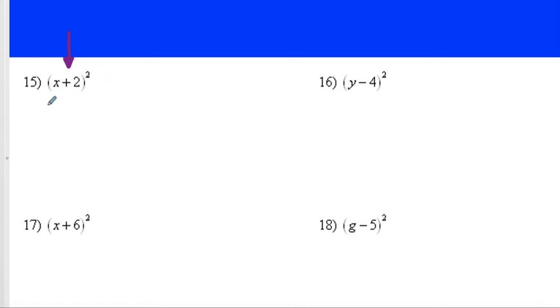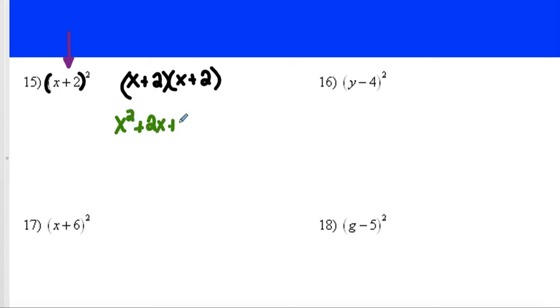We're going to remember that x plus 2 quantity squared, so in parentheses squared, means x plus 2 times x plus 2. Now, a lot of you have used the term FOIL to multiply these, and yes, you absolutely can. It's going to give you x squared plus 2x plus 2x plus 4, and so x squared plus 4x plus 4.